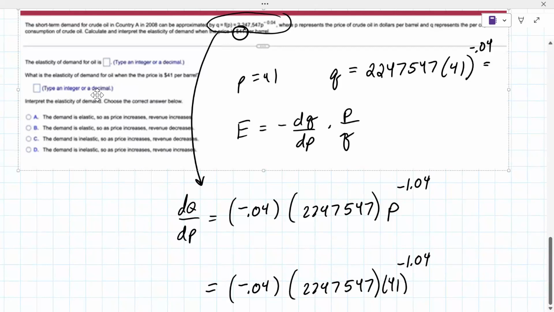So what I don't know is why there's two boxes here. The elasticity of demand for oil is, and then is for 40. I guess they want you to do the formula here, I think. Let me just quickly check. All of these are in JEG, by the way. If you've not used that before, you may consider it's useful. Never the same numbers though, so it doesn't help you much on the actual test.